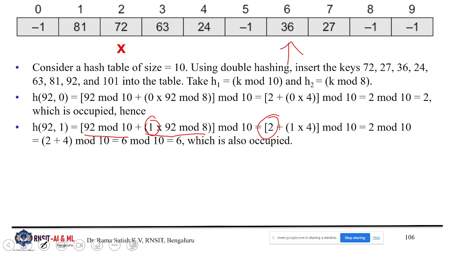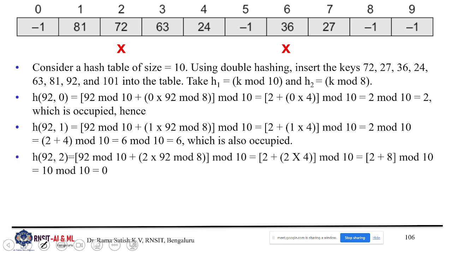So the sixth position is also occupied. What happens? I gets increased, so I will increase to 2. Look here, the I value is increased to 2.